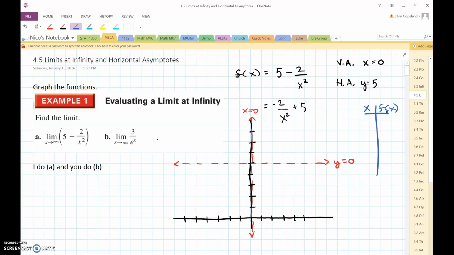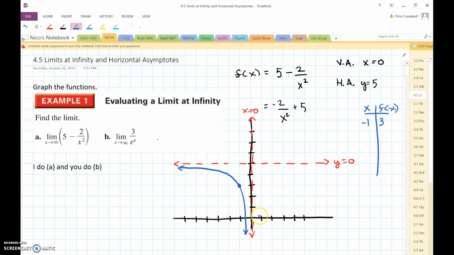So let's start by picking an x coordinate to the left of the vertical asymptote. I'm going to start with negative 1. If I plug negative 1 into my function, I'm going to get 5 minus 2 all over negative 1 squared, which is 1. So basically it's 5 minus 2, which would be 3. So negative 1, 3 would be here, which means the shape of this graph is going to look like this.